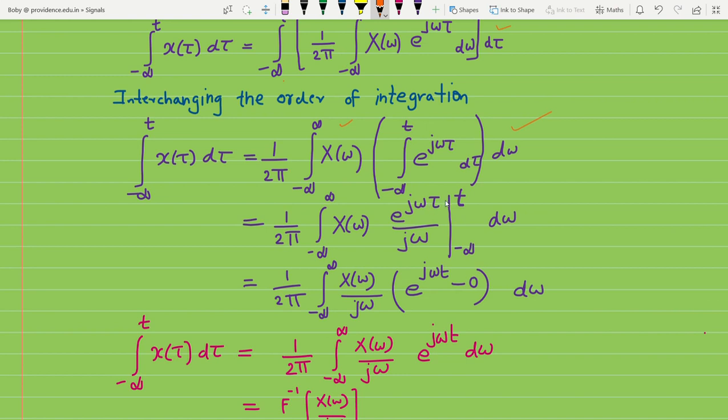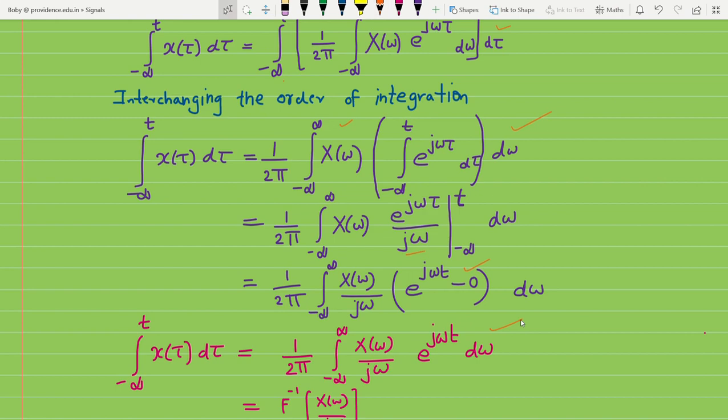Applying the lower limit, e raised to j omega times minus infinity becomes 0. The denominator j omega goes along with X of omega, so X of omega by j omega. Applying the limits, we get e raised to j omega t minus 0, which is e raised to j omega t. So that has been reduced to 1 by 2 pi integral minus infinity to infinity X of omega by j omega e raised to j omega t d omega.